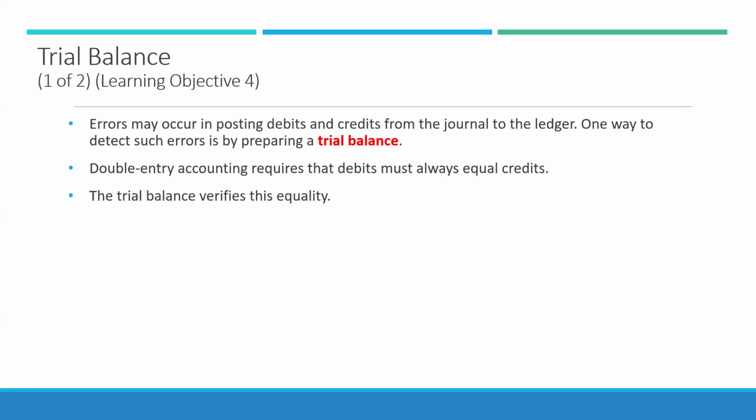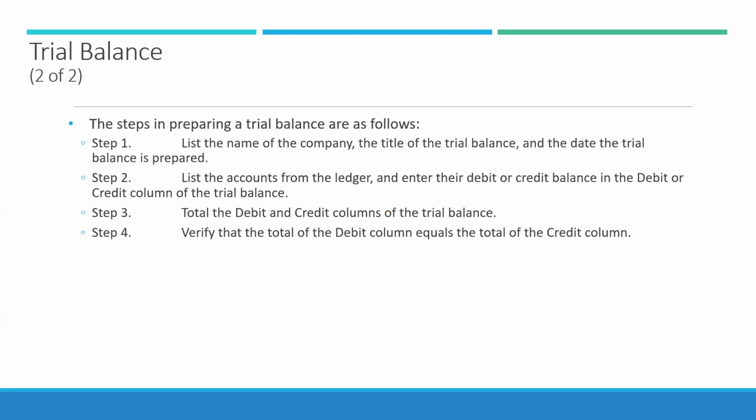Especially in electronic software, it's always going to balance, but we also have the human element where maybe a debit or a credit is unbalanced, missing, not posted to an account. This is one way that you can find errors and verify that your debits and credits are equal.